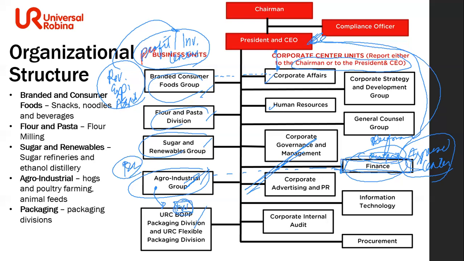Kasi meron siyang finance within his organization. So yung accountabilities ng lahat ng under sa kanya, accountability niya rin. Okay? What are some examples of accountabilities ng finance? For example, compliance, submissions of FS to the SEC. Okay? So that's a finance-related procedure or finance-related accountability. Right?